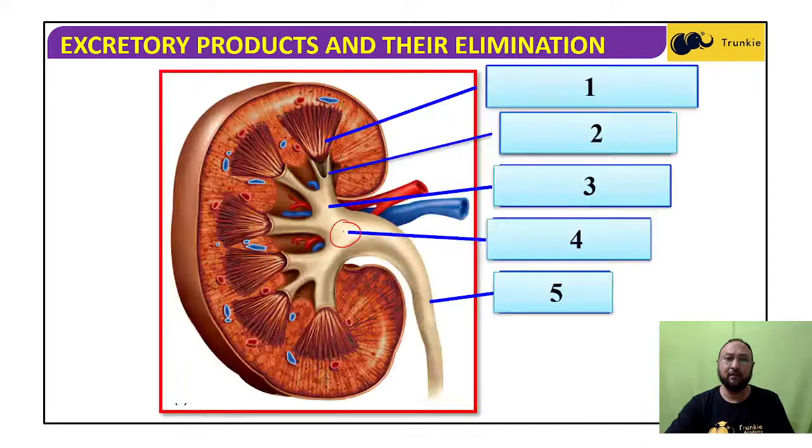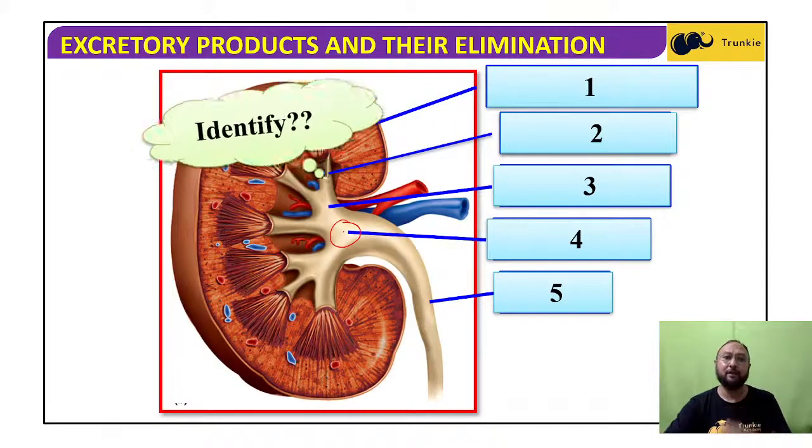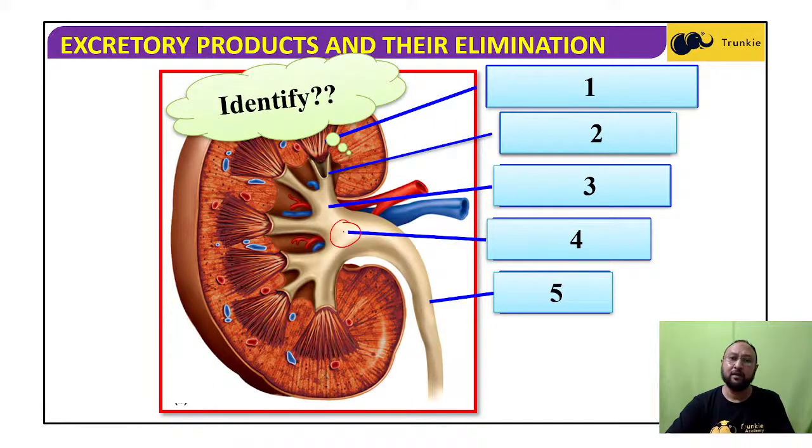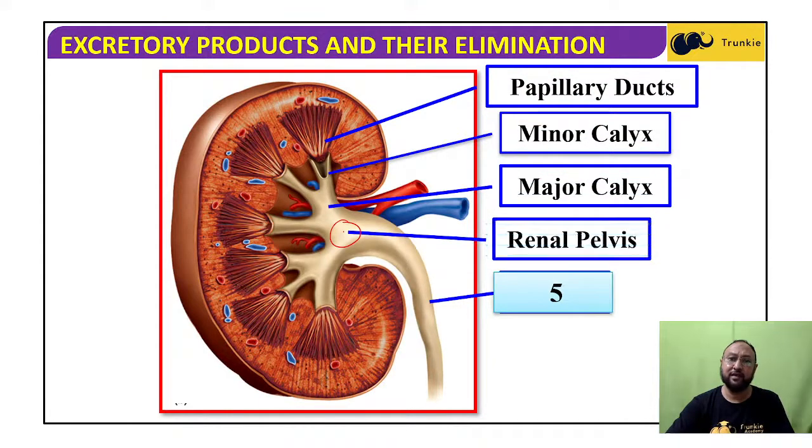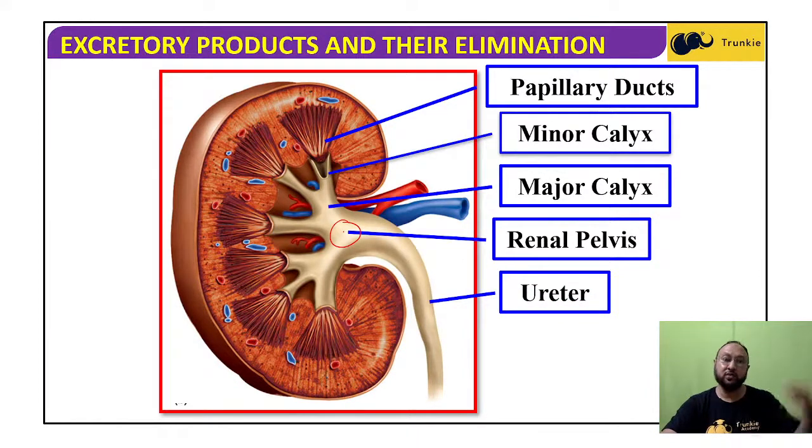So minor calyx, major calyx, renal pelvis, and ureter. These are the different regions through which urine passes before going into the urinary bladder.